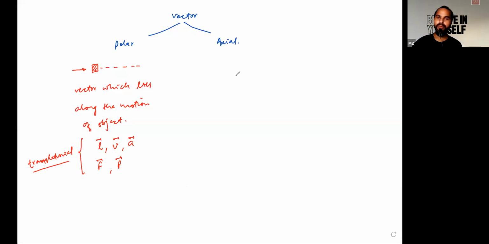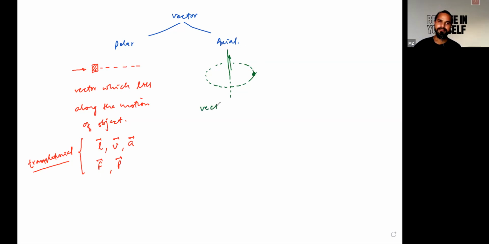Similarly, if a body is revolving around a fixed axis, we define some vectors whose direction lies along the axis of this particular rotation. Those vectors are called axial vectors.